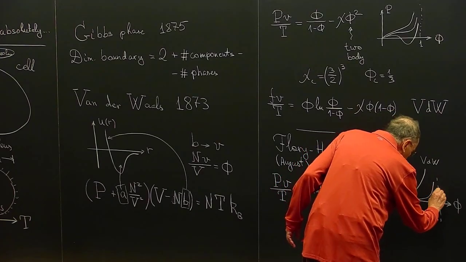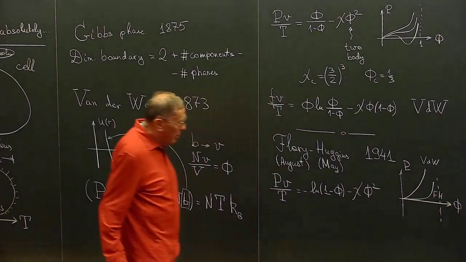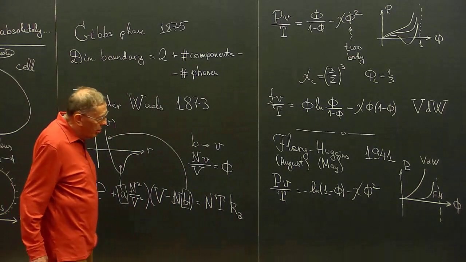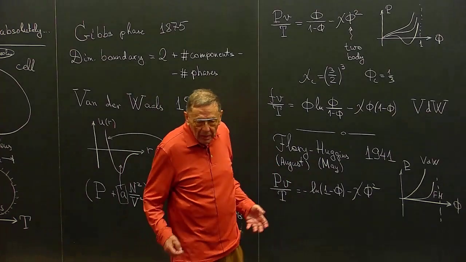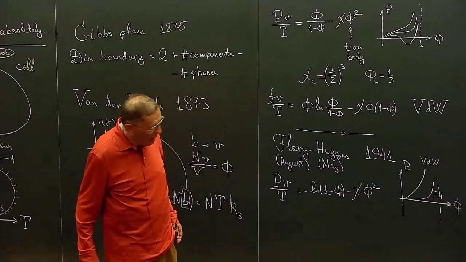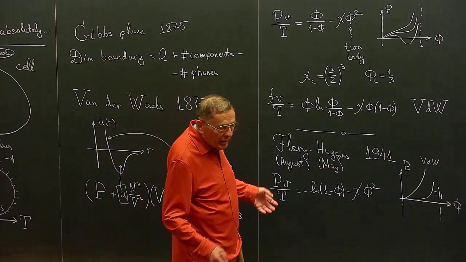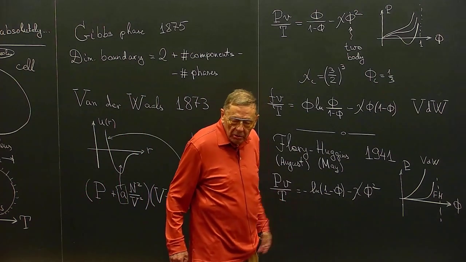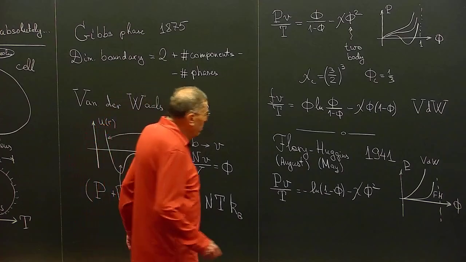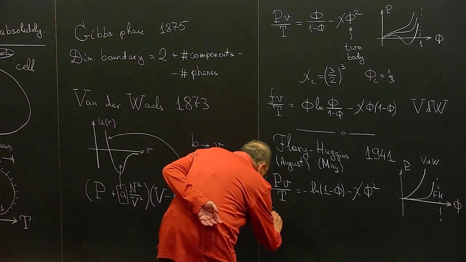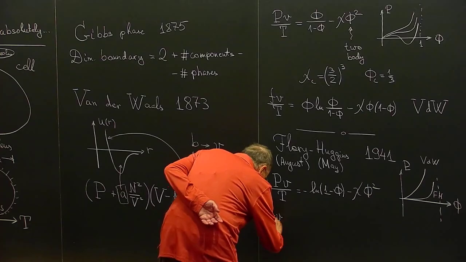So Flory-Huggins works better. It works better from the point of view of experiment, and it also works better in terms of basics of statistical physics. If you consider lattice gas, then the pressure would diverge as logarithm, not as power. Okay, so free energy for Flory-Huggins.